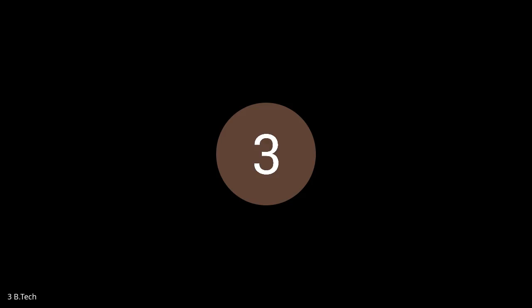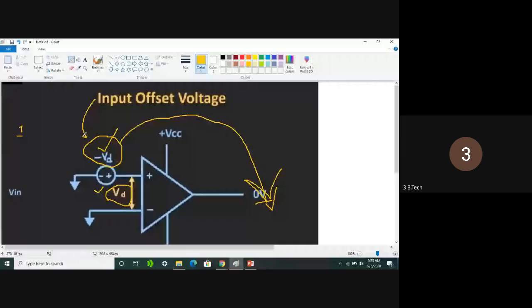So these two are the DC characteristics of the operational amplifier: the input offset voltage and the output offset voltage. Clearly, again, I am repeating what offset voltages are. Output offset voltage is nothing but the output voltage we get without providing any input. What is input offset voltage?